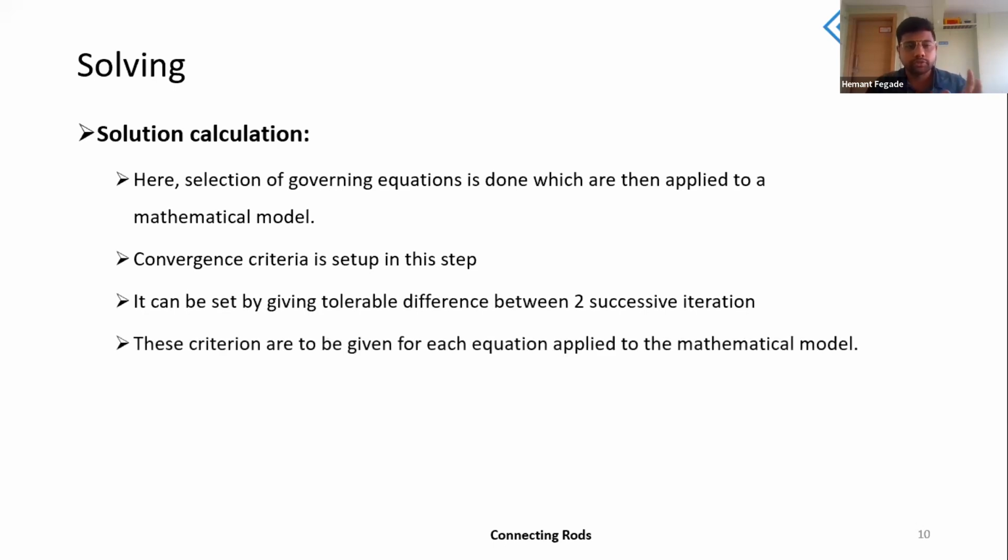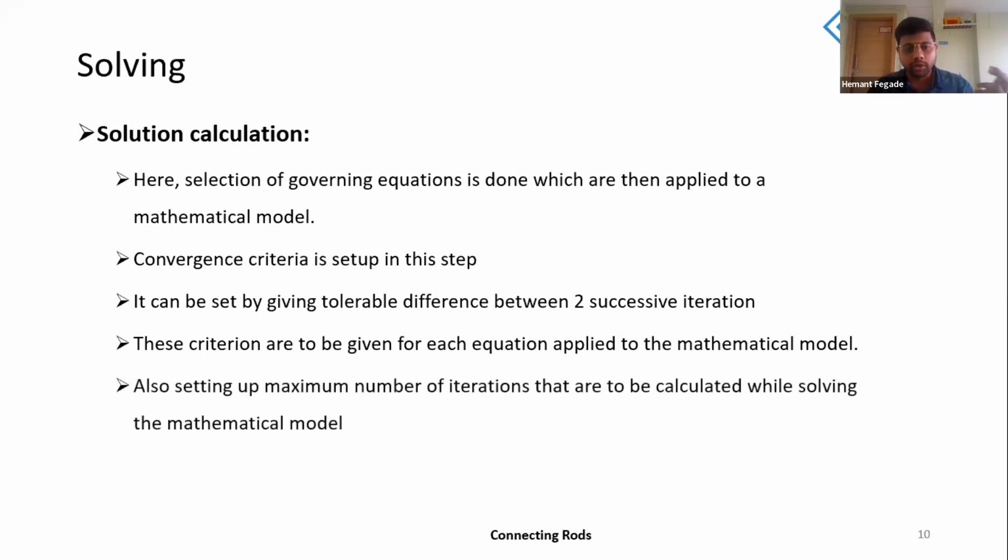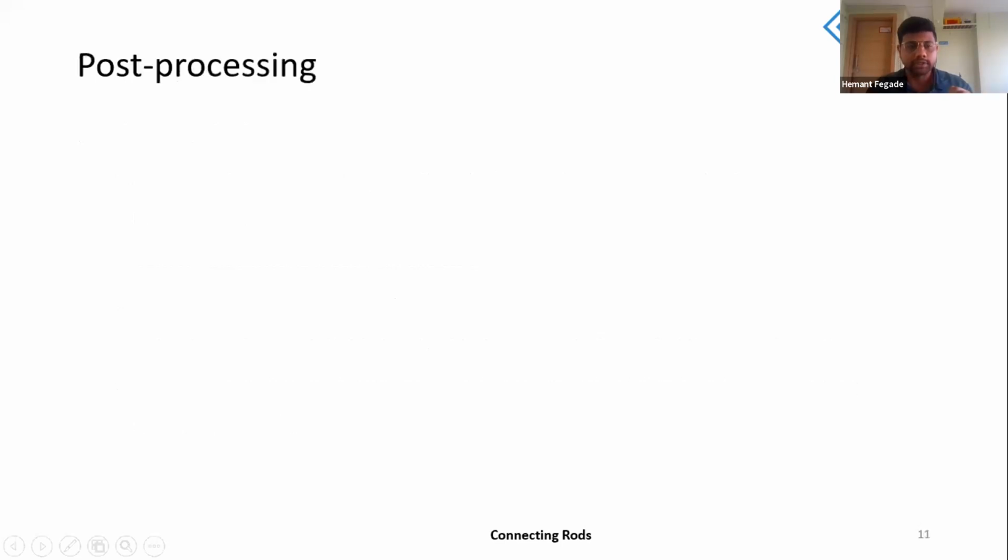Once you are done with the setup and all of these things, you will start to calculate. You'll just click the calculate button. It will start calculating iterations, and it will give you a result after the end of the iterations. With that, you can have your results and post processing.